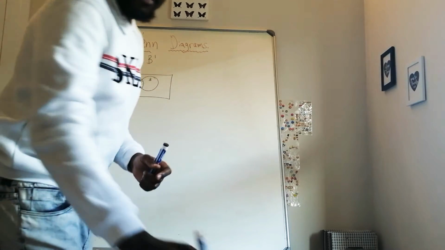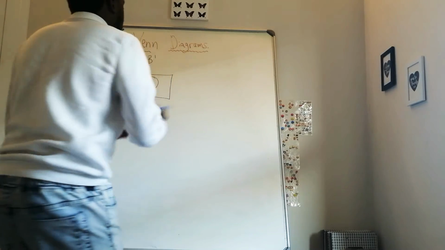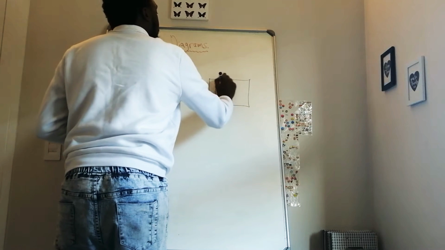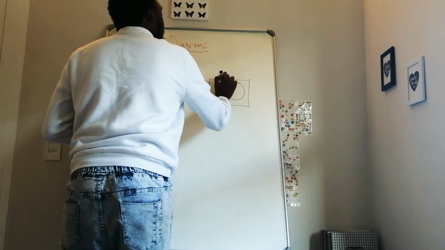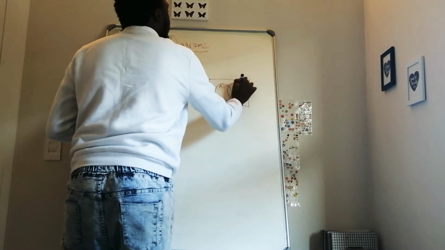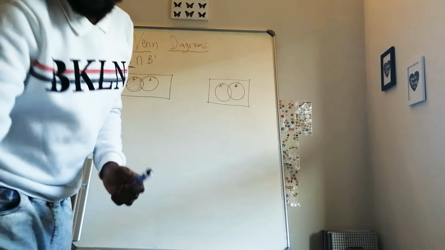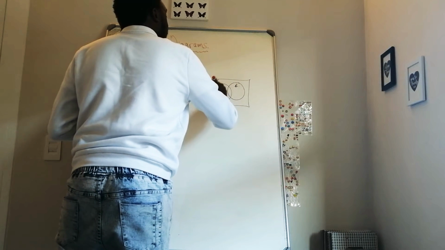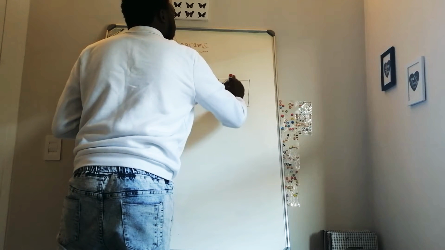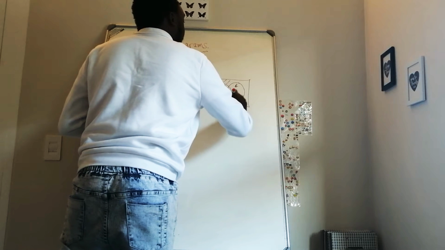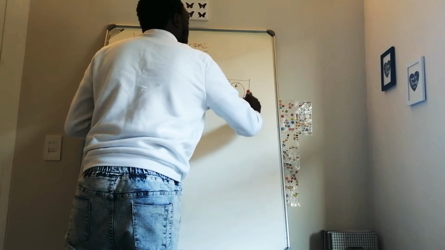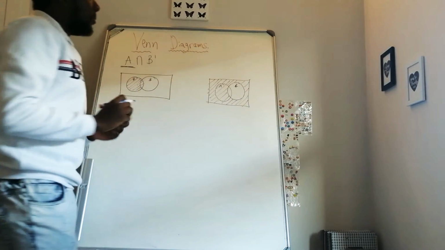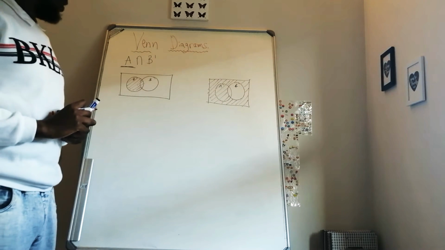That is A. And then let me draw the complement of B. A circle, A, B. The complement of B will be every other thing beside B. So the complement of B looks like that, right?